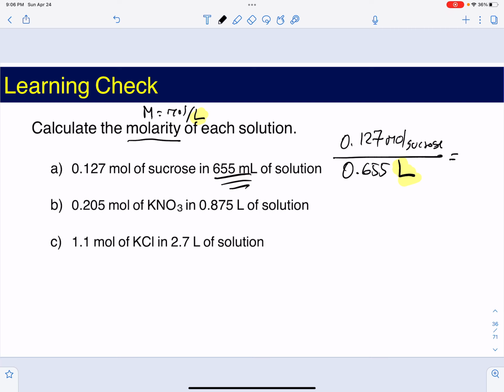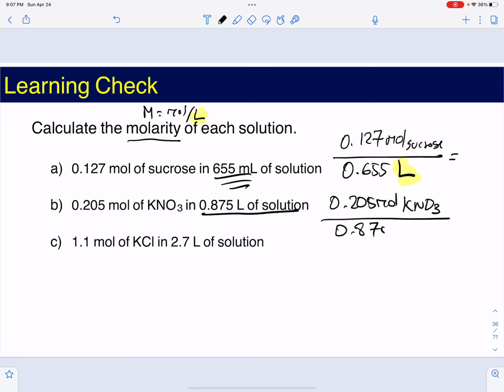What about the next one? The next one is 0.205 moles of potassium nitrate divided by the liters of solution, not solvent, solution, 0.875 liters. After you do that on your calculator, you're going to have whatever number you got, moles over liters, which is nothing more than molarity.